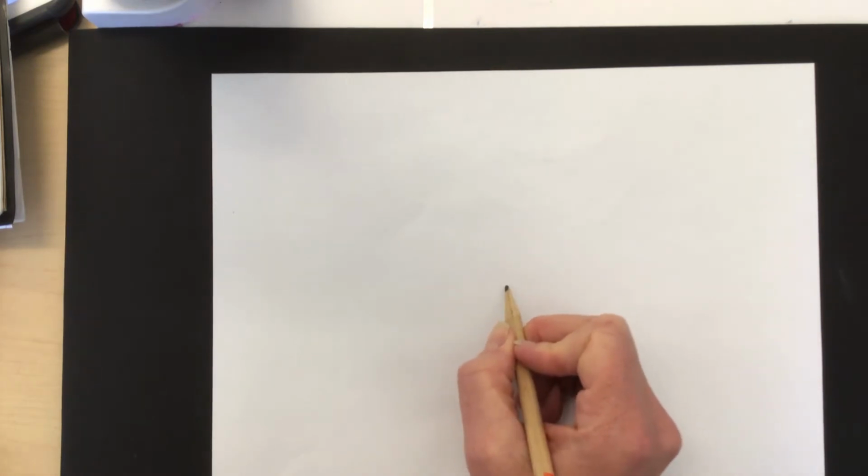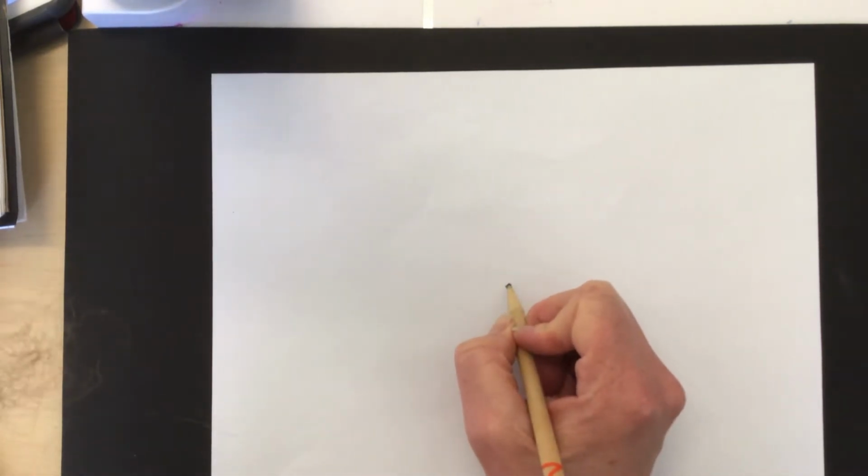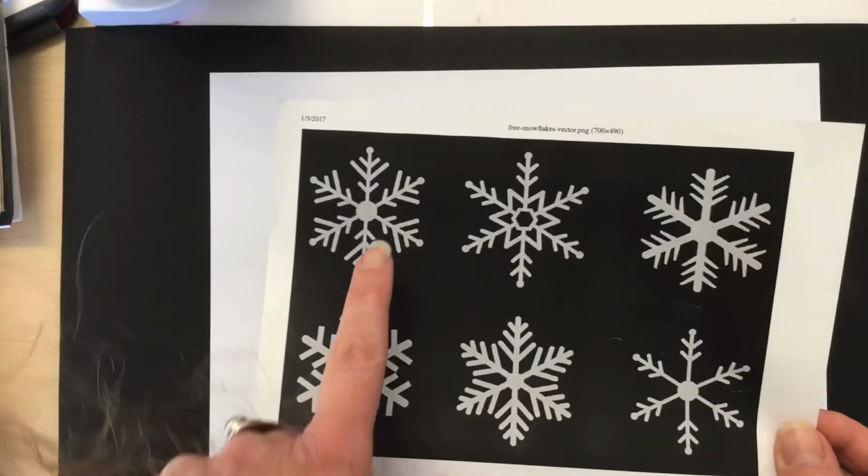All right, so I am going to place my paper down here, and I am going to first start by just making a dot in what I think is the center of the paper. That's going to be my central snow crystal, I'm going to kind of imagine. I like to usually use a reference.